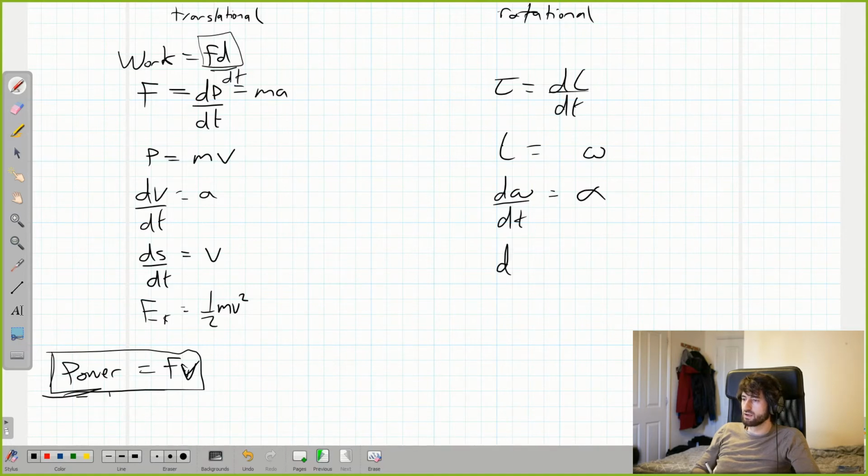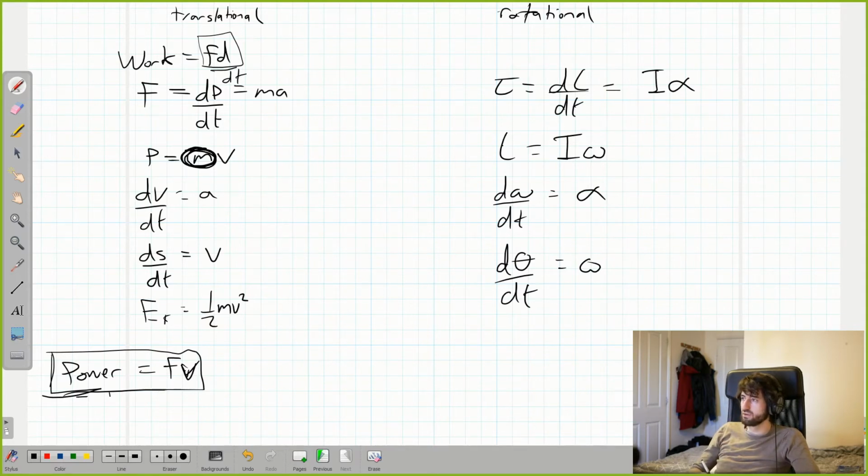And we can say that d angle by dt is omega. Remember we said this before. Instead of mass, we don't use mass here, we use inertia. So this is I alpha.